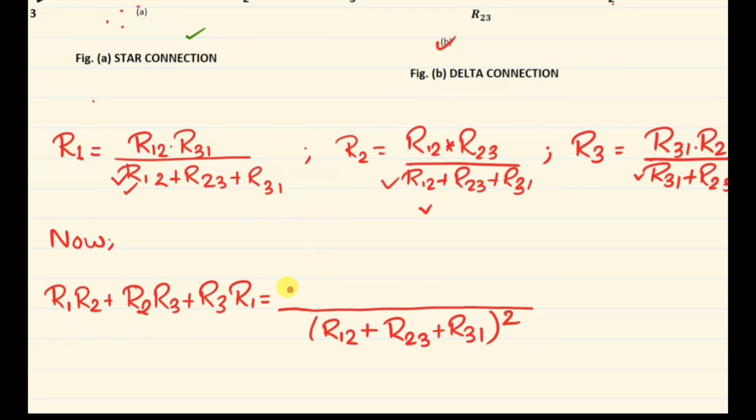And for the numerator we have to write R12 square times R31 times R23. Similarly write all of them. It's just basic multiplication, so don't get confused with it.